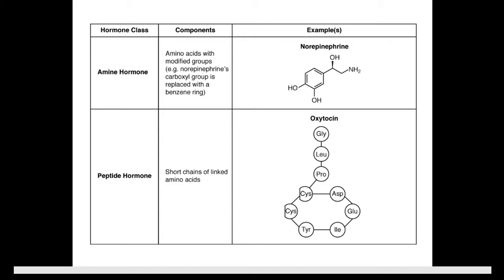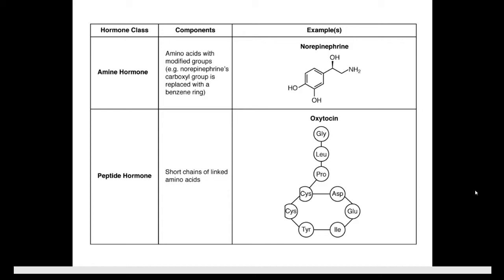For example, norepinephrine is an amine hormone. It's a modified form of an amino acid. The carboxyl group of the amino acid is replaced with a benzene ring. It's one example.